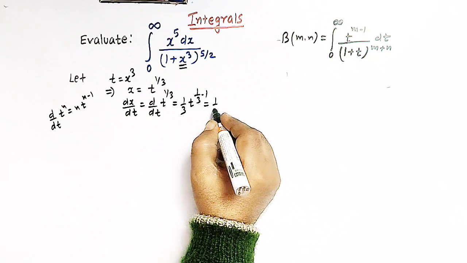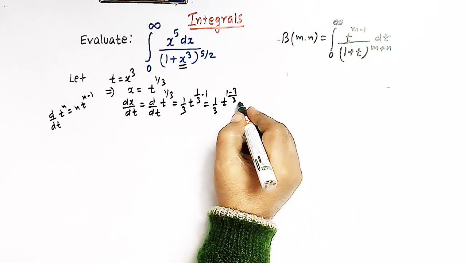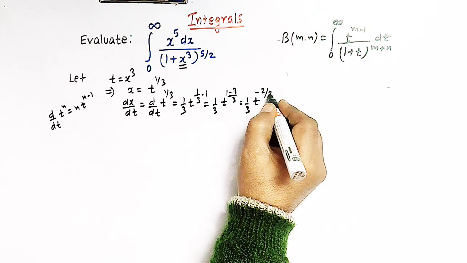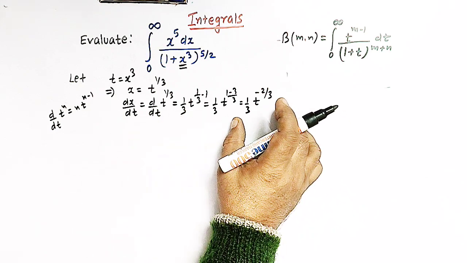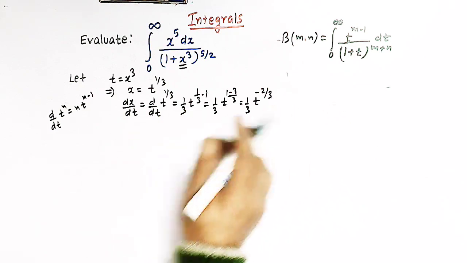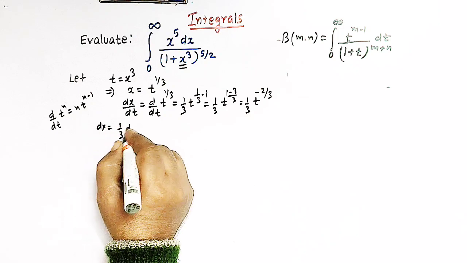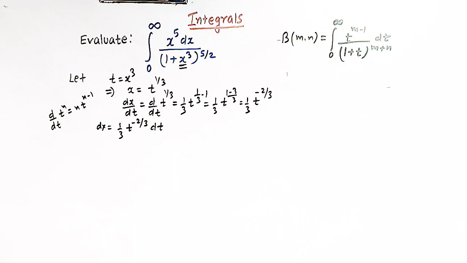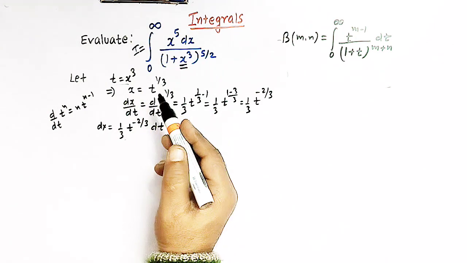So this is 1 over 3 t raised to (1 minus 3) over 3, that is 1 over 3 t raised to minus 2 over 3. So now we can write dx is equal to 1 over 3 t raised to minus 2 over 3 dt. Now let us change the limits accordingly.